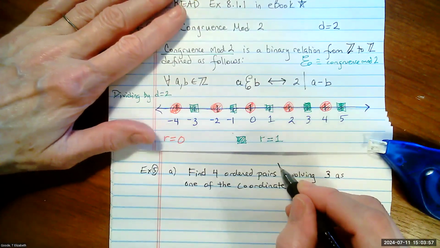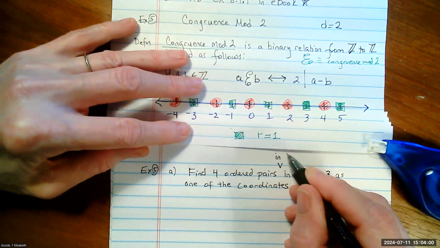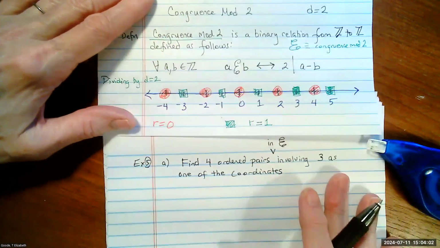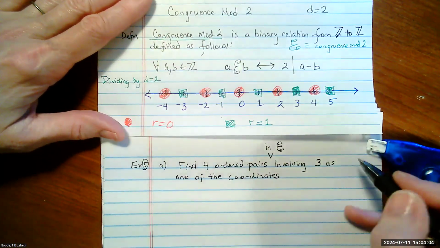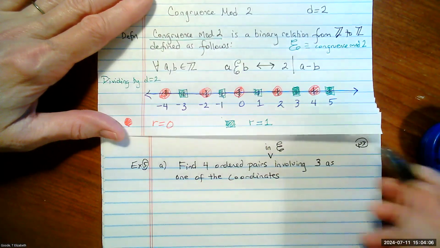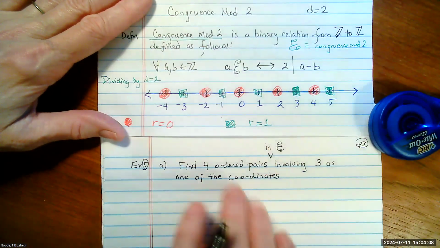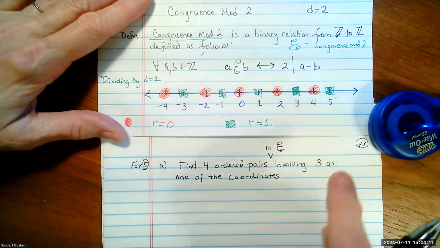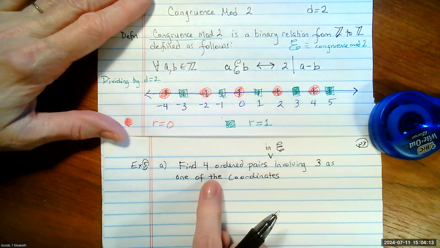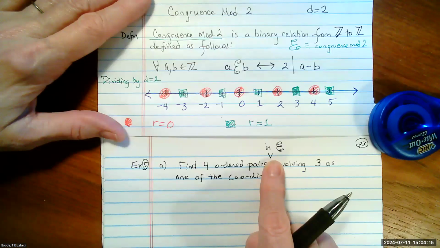I should say 4 ordered pairs in this relation curly E, of course. What else would I be talking about? But let's make that clear. All right. So we want to find 4 ordered pairs that have 3 as one of the coordinates. And these have to be in E.